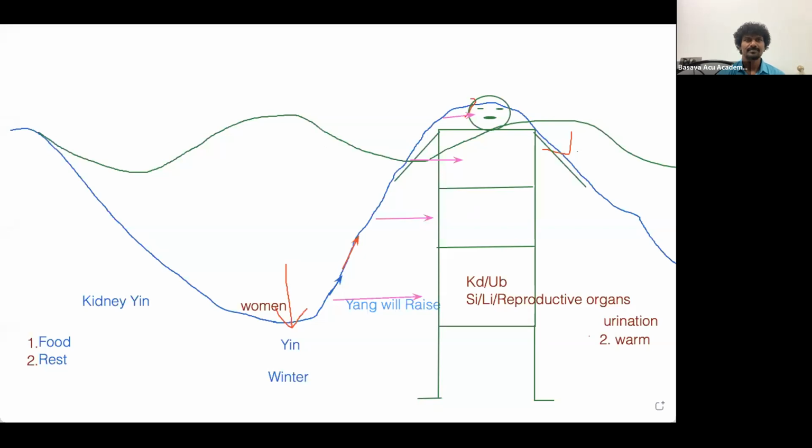Many people have dark patches and black patches in the lower abdomen, in the lumbar and sacrum area, below the navel, or in the thigh regions. The skin becomes dark because of the coldness. Why that coldness? Because of yang deficiency. Clear?